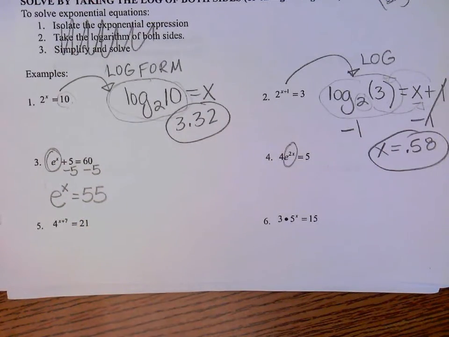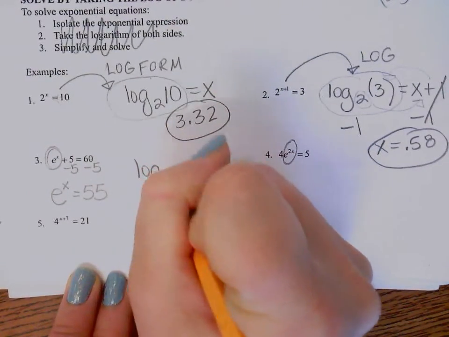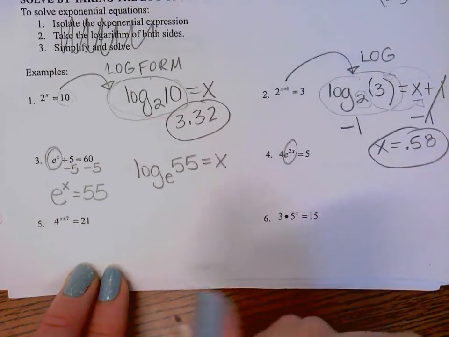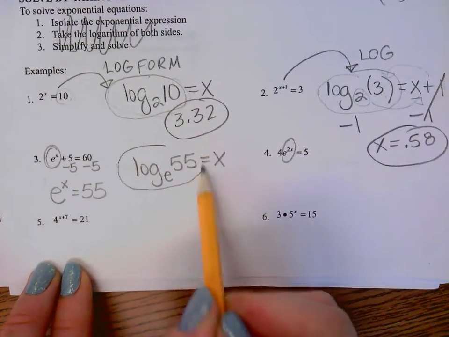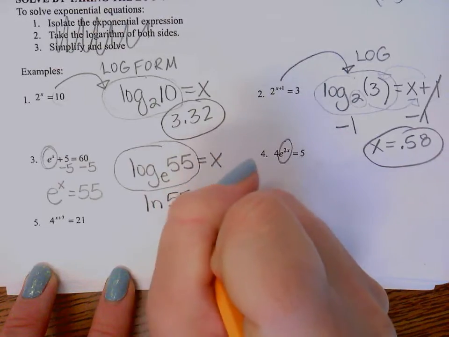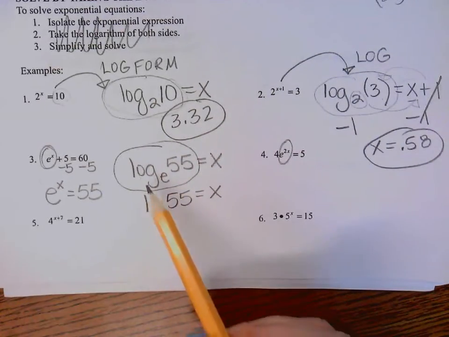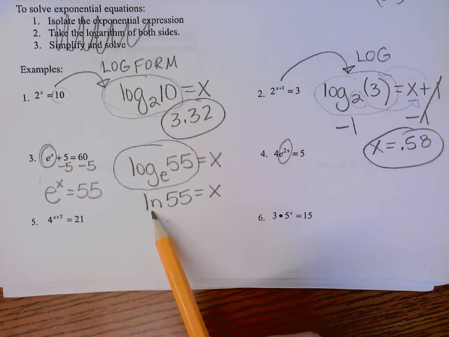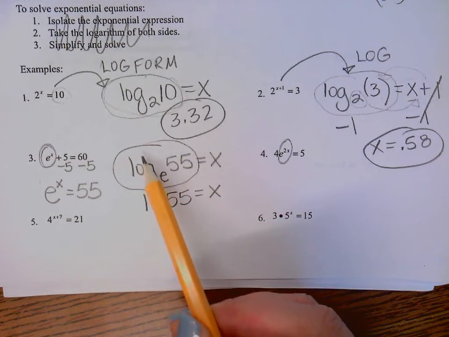I want to show you this one because it's a little bit special because the base is e. When you put it into log form, right, log base e of 55 equals x. I hope that you recognize you don't have to go to that special key on your calculator. You can just take the natural log of 55 because the log base e is the natural log button on your calculator. So it's kind of weird to write log base e.